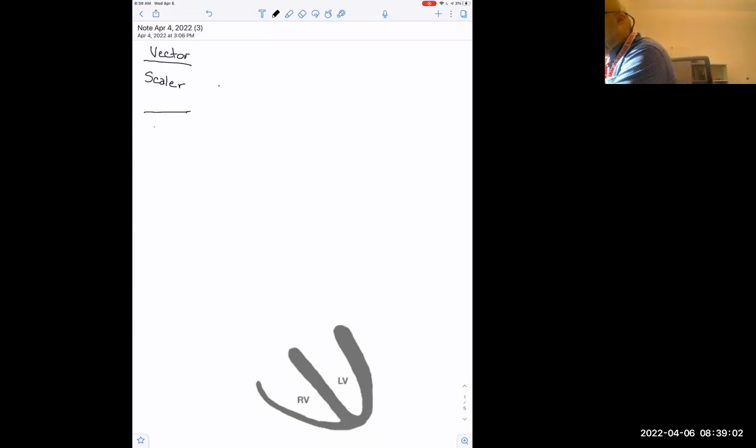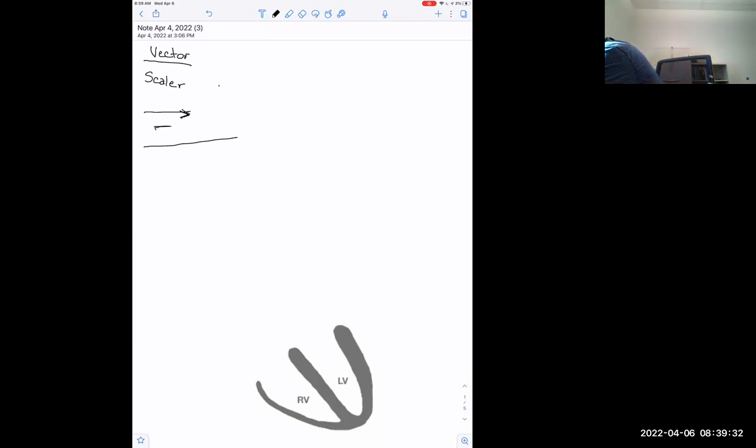So the shorter the tail, the lesser the force, the longer the tail, the greater the force or magnitude. And then to delineate direction, we'll use the head of an arrow. So if we wanted to say we have a certain force moving with a certain magnitude to the left, we would make a head of an arrow go to the left.